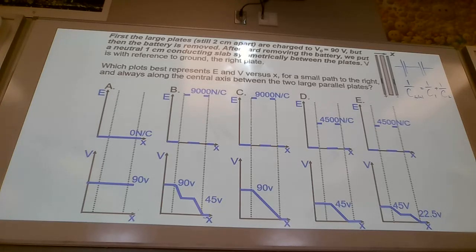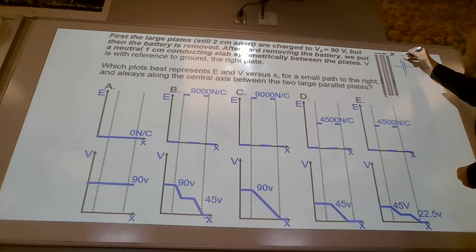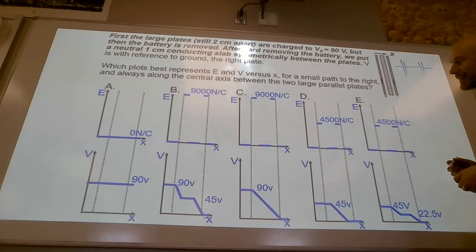Capacitance goes up because the total distance decreases on each of those. Oh, good call. Yes. Oh, shoot, that just got more complicated. Yes.